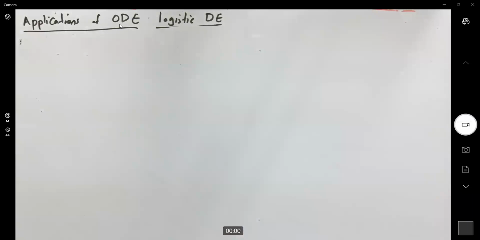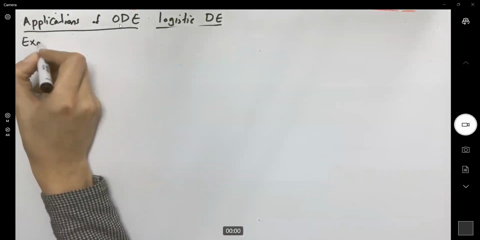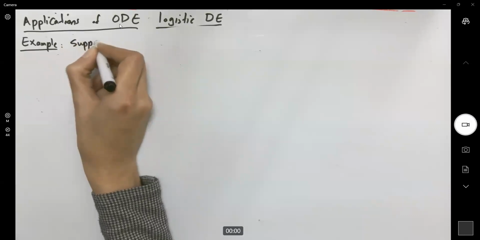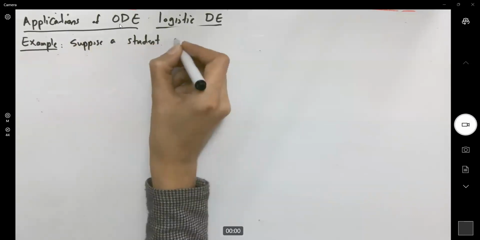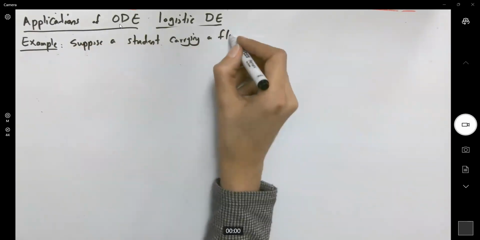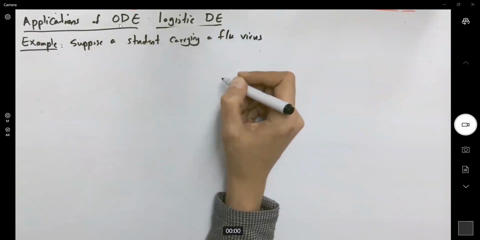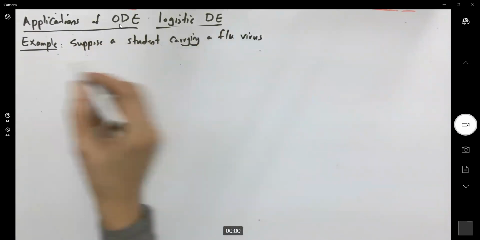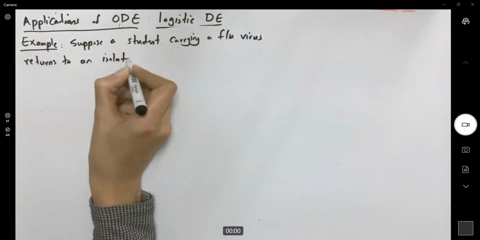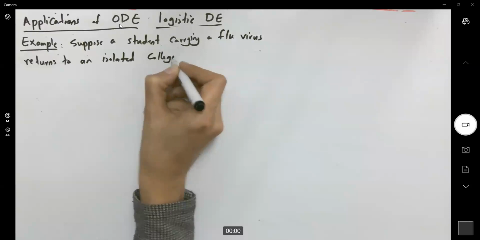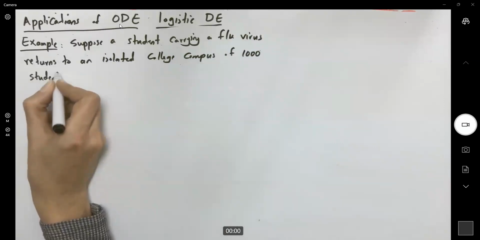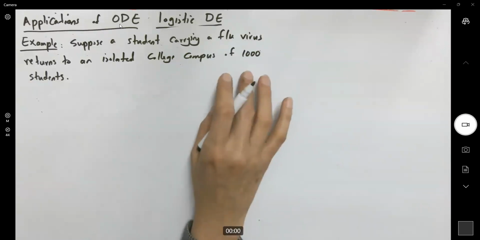Suppose a student carrying a flu virus returns to an isolated college campus of 1,000 students. So this college can fit 1,000 students.